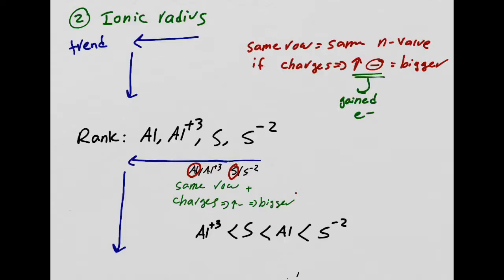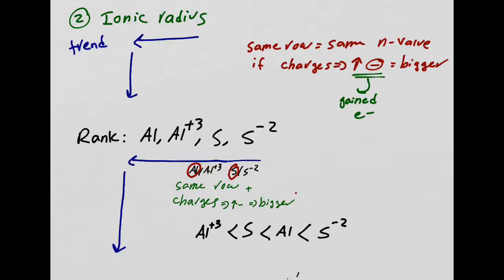If you're in the same row and you have charges, the more negative you are, the bigger you are. If you don't have charges, you just go by the trend. But if you have charges, the more negative you are, you win. You're bigger because you gain electrons.